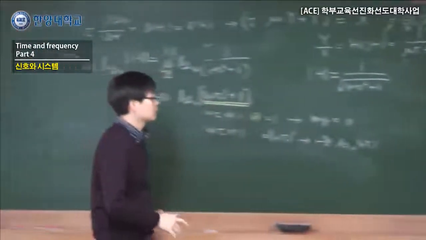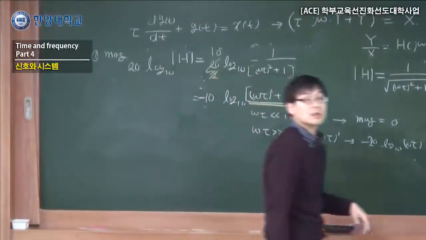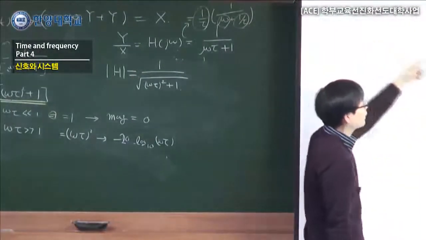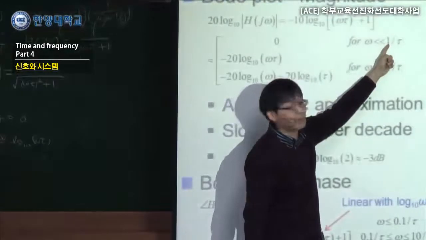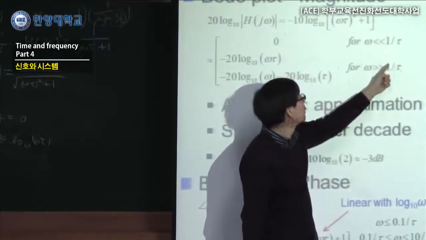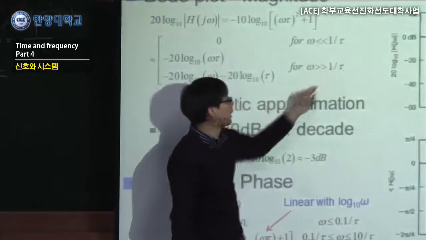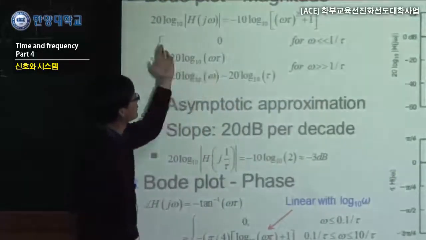It looks like this. So this is how we see 0 when omega tau is much smaller than 1, and in the case that omega tau is much larger than 1, we have this.